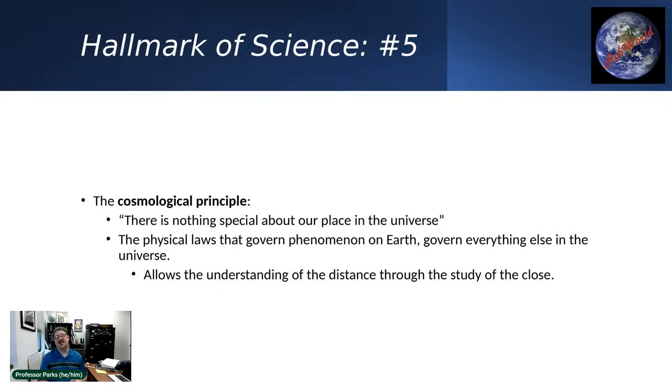What this allows us to do as astronomers is say, all right, we have great confidence, based on observations of stars near us, in how these stars generate their energies. We have confidence in how these stars evolve over time, why some of them pulsate.